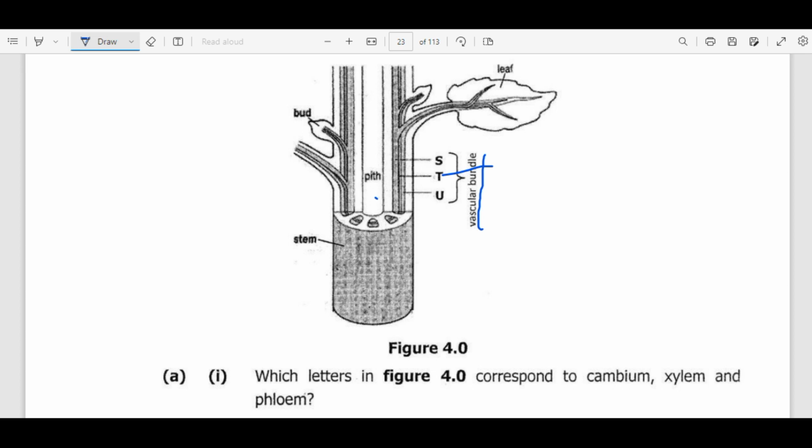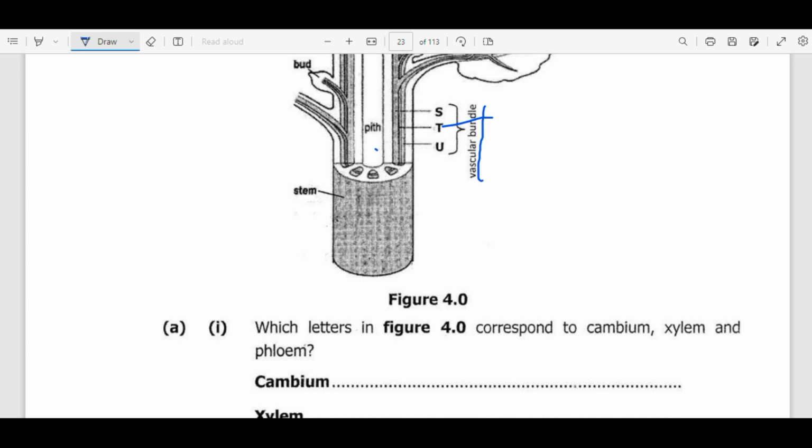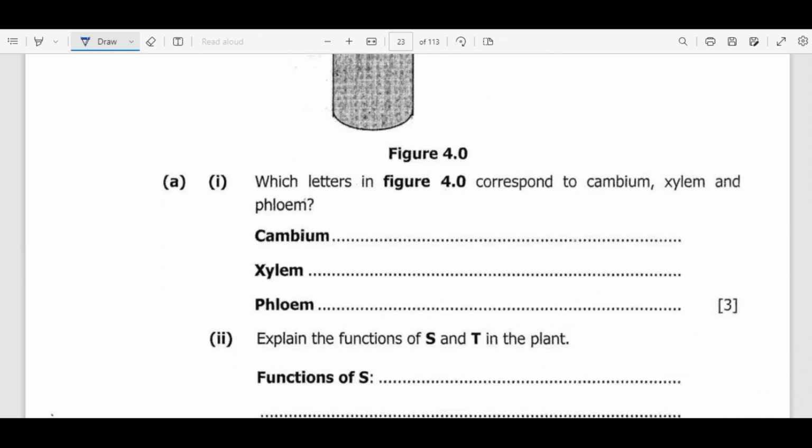Apart from the vascular bundle, the cambium that we have identified, which is T, S is the xylem, and then U is the phloem. So here it is T, here it is S, and here it is U.